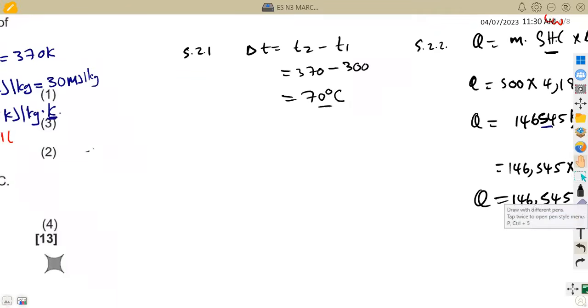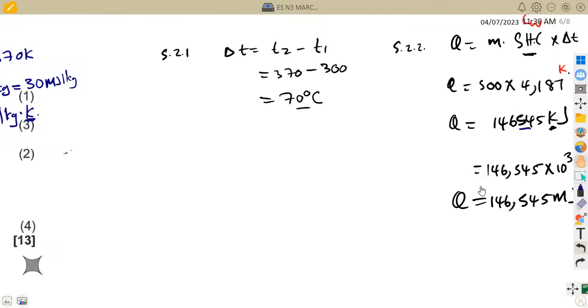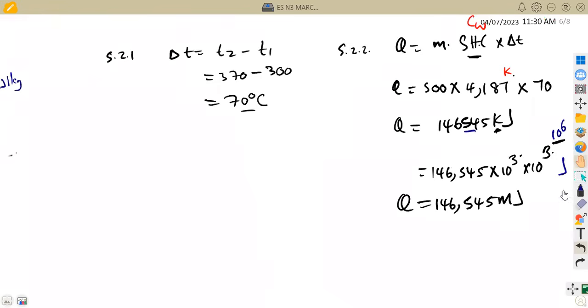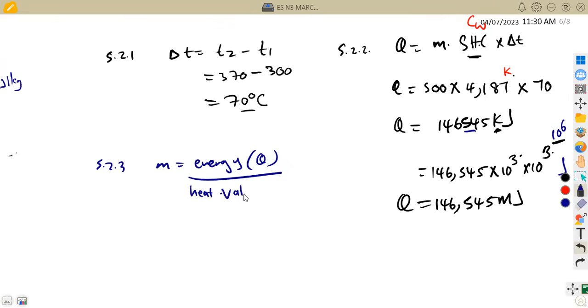We can even calculate on this side. Remember that mass is equivalent to the energy, which is the Q over the heat value. So this is what we have in this case. So we are going to divide, and we are going to have our mass.